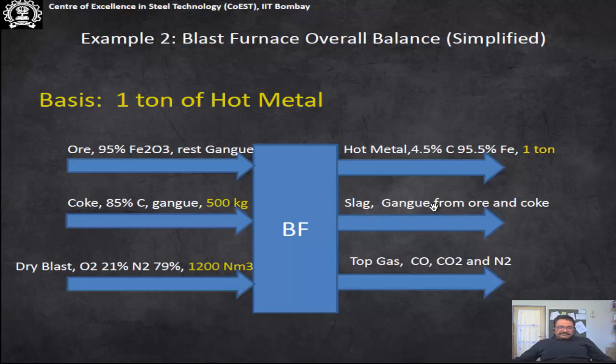As far as the gangue is concerned, the composition of the gangue material in ore as well as the ash content in coke has not been specified, but it has been told that everything goes to the slag, but that is not actually true. As I told you, if silicon oxide is there, some silicon oxide gets reduced to silicon and goes to the metal, like that manganese, etc. But for the present case, all the gangue goes to the slag.